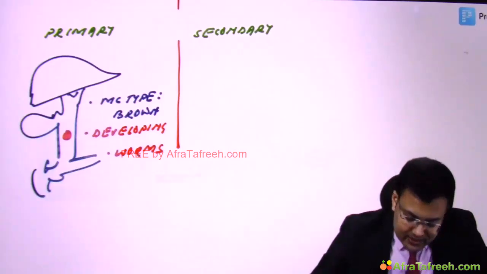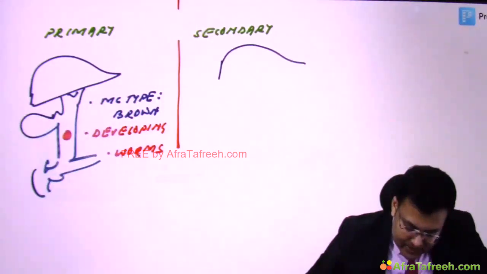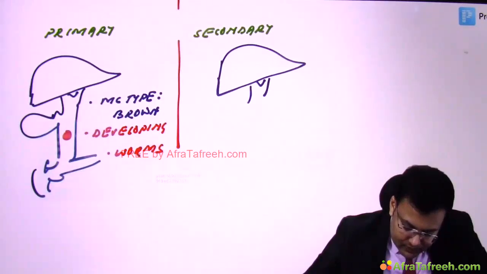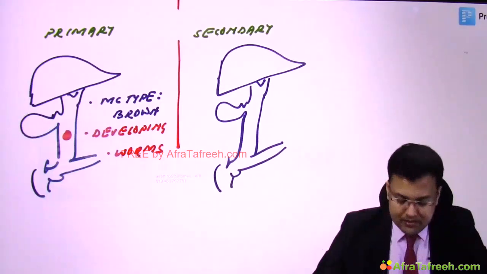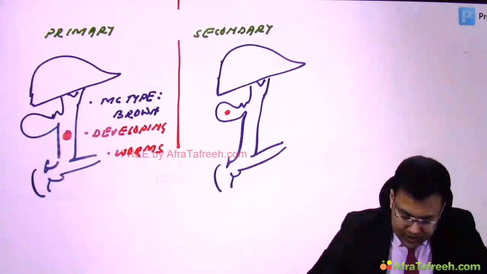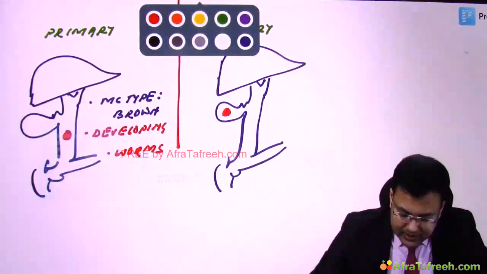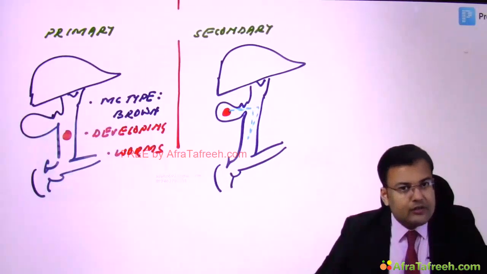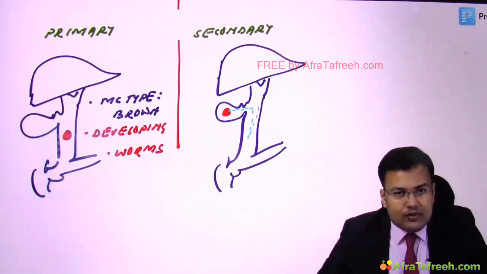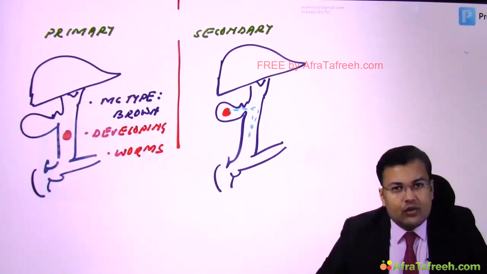Now secondary CBD stone, you can see the diagram. This is liver, this is gallbladder, this is bile duct and duodenum. Now see, the stone is formed in gallbladder and then it slips and goes into CBD. So which stone? In gallbladder, the most common stone is cholesterol.